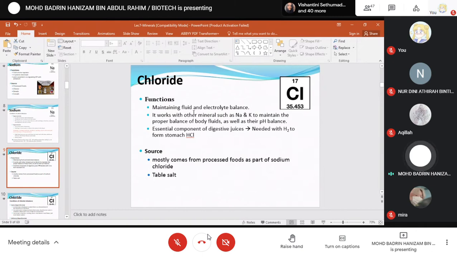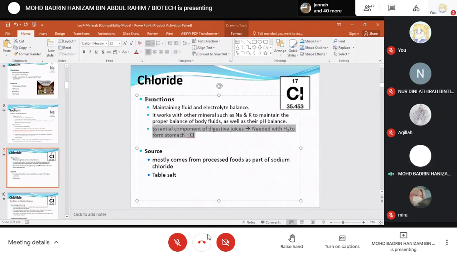It is an essential component of digestive juice, needed with hydrogen to form stomach HCl. If you don't have enough chloride, you cannot form digestive juice properly. It can disrupt the pH of the stomach.